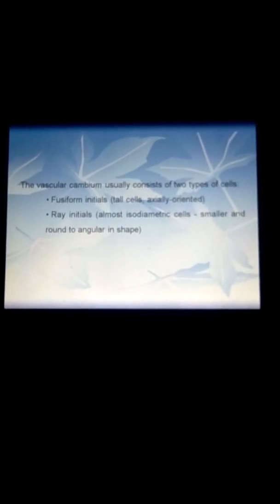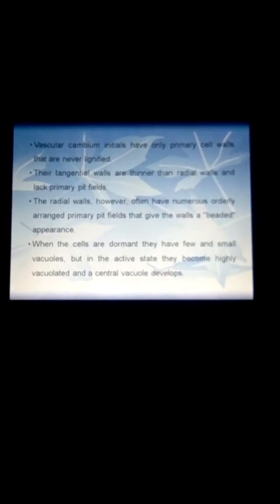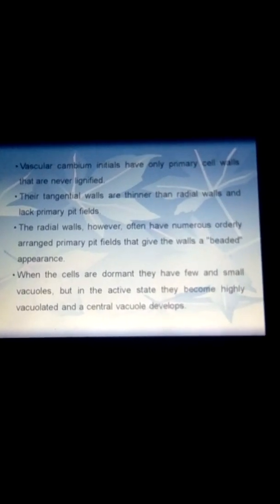Now vascular cambium usually consists of two types of cells: fusiform initials, which are basically tall cells and are axially oriented. Then the other cells are ray initials, almost isodiametric cells, smaller and round to angular in shape. Now vascular cambium initials have only primary cell walls that are never lignified.